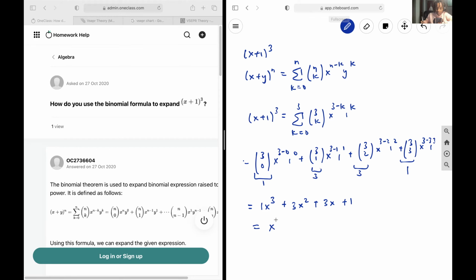And then we simplify that: x cubed plus 3x squared plus 3x plus 1. Additionally, you could just use Pascal's triangle to figure out what the coefficients should look like, and they're correct: 1, 3, 3, 1.